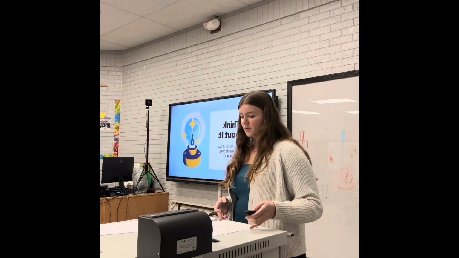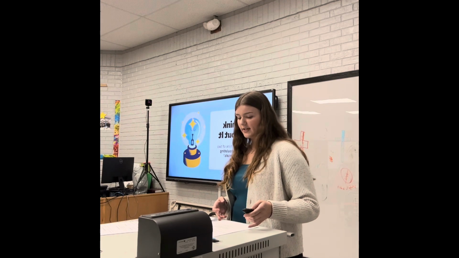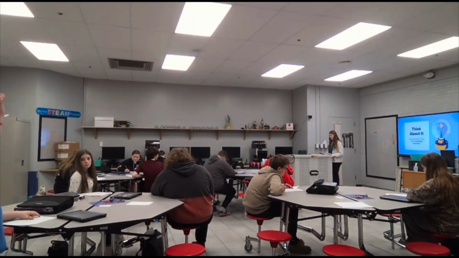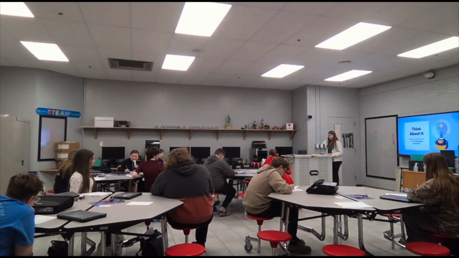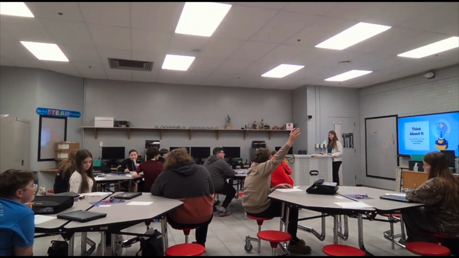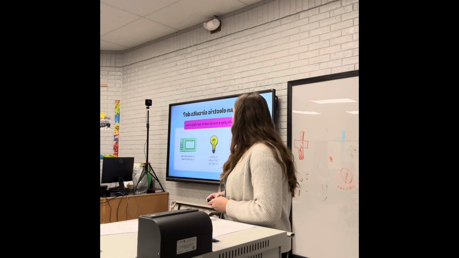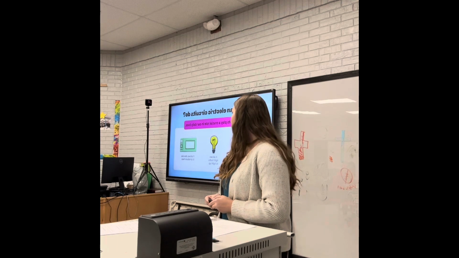Can you think of two more examples of insulating materials besides the ones we previously talked about? Yes, wood. Wood, yeah, that is one. Anyone else have one? Concrete. Concrete, yeah.